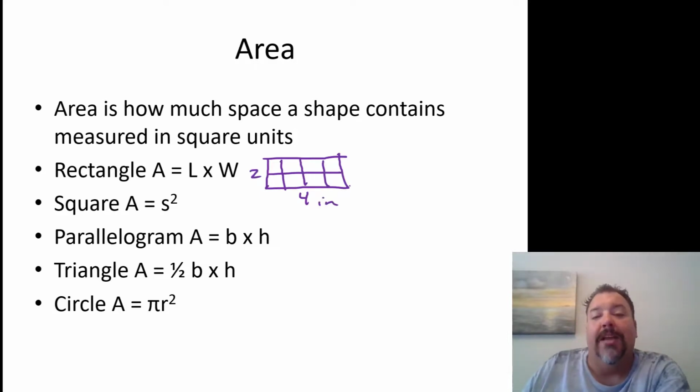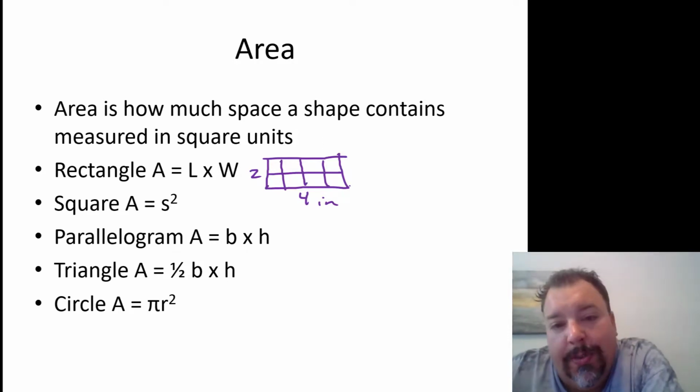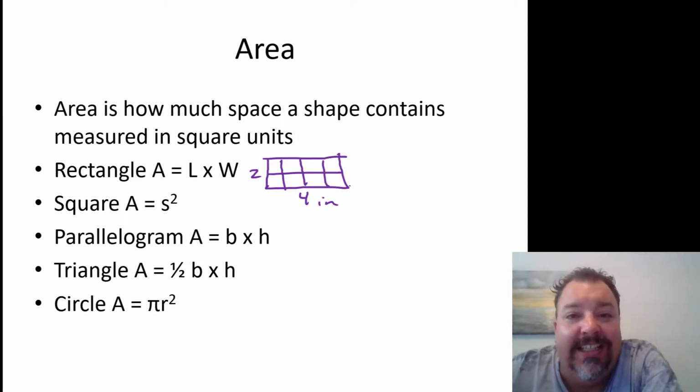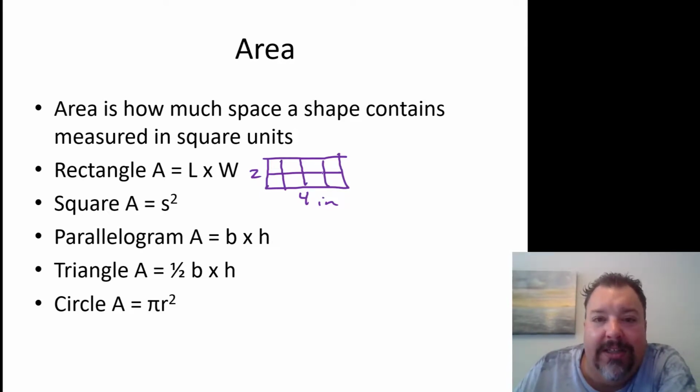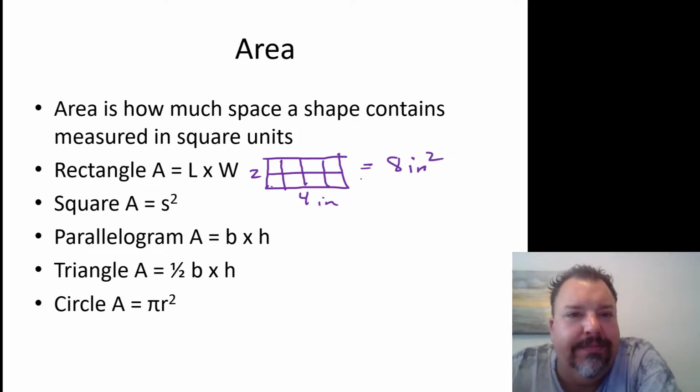I want to know how many 1 by 1 squares are contained inside this rectangle. If it is 4 inches going across and 2 inches going up, how many squares does it contain? Well, I would just multiply 4 times 2, and I would have 8 square inches, or 8 inches squared.